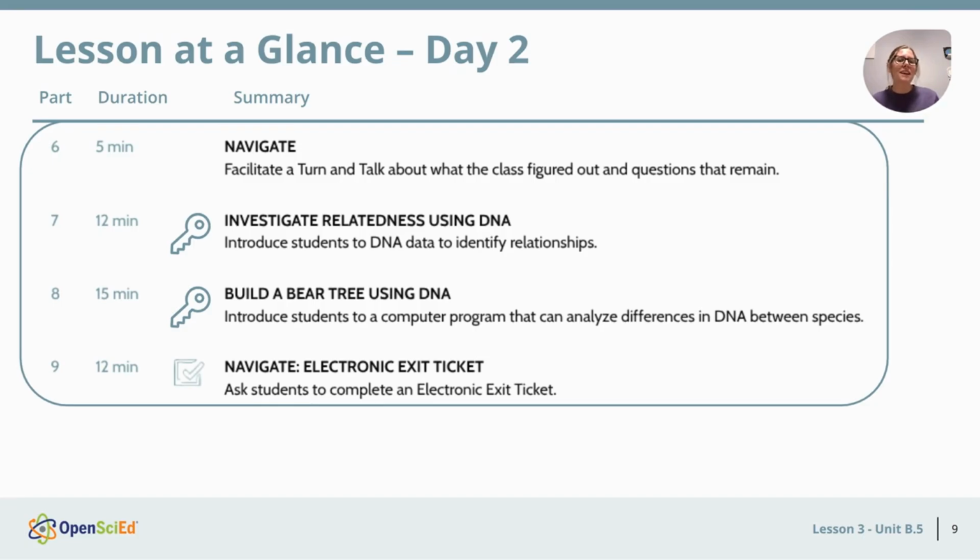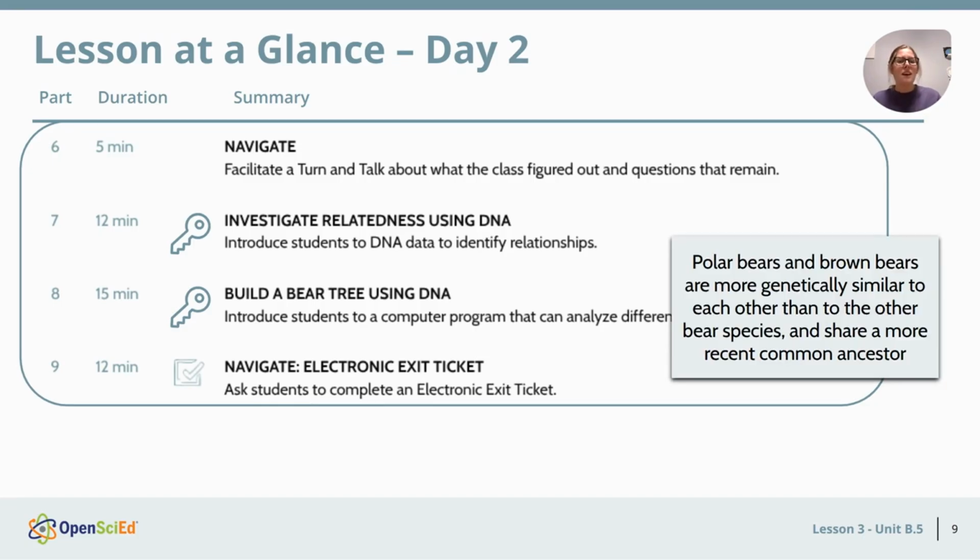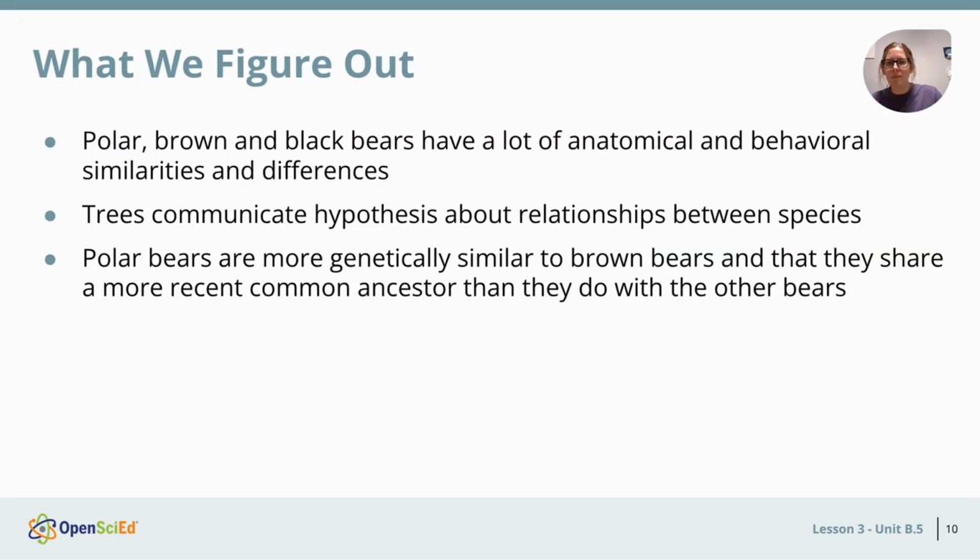And then we'll be completing an electronic exit ticket. Students are going to figure out that polar bears and brown bears are more genetically similar to each other than to the other bear species and share a more recent common ancestor. And we're wondering, how did polar and brown bears become a different species if they are so closely related genetically?